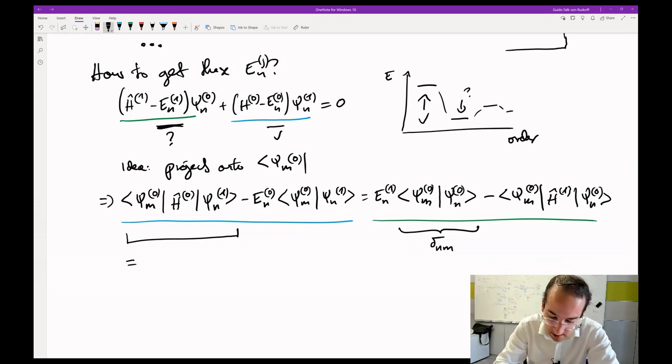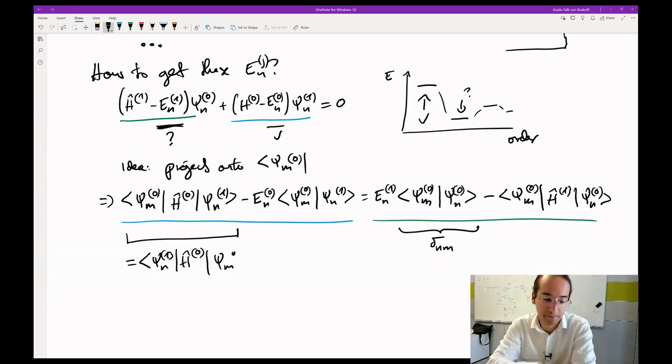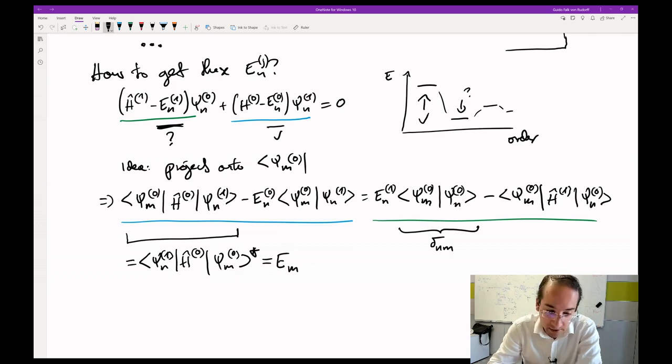So what we then get is psi m1, psi m0 complex conjugate. Now, here we can use the property of the Hamilton operator, and we can get the energy out of this. So that would be the m complex conjugate times psi m1 psi m0.